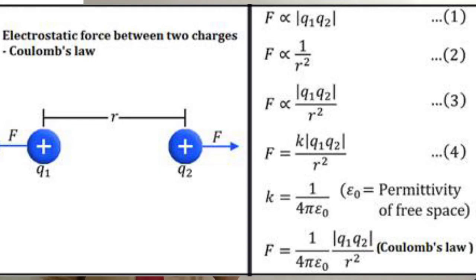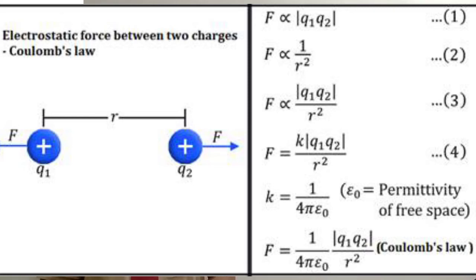Now if we combine both, that is F is directly proportional to the product of the charges, Q1 Q2, and inversely proportional to the square of the distance, then we get F is proportional to Q1 Q2 by r square. Now we have to remove this proportionality sign, and after removing we have to write a constant, and here the constant is K, called the proportionality constant.